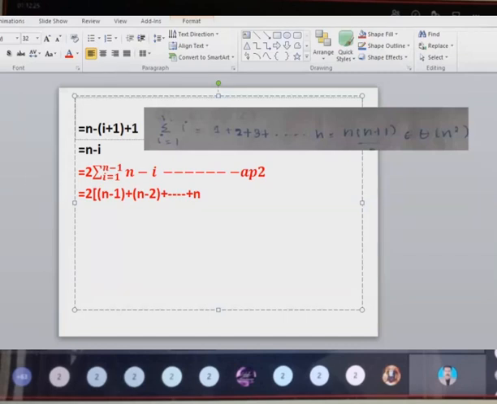Next line. Now, n minus within bracket n minus 1. n minus 1. Good. n minus 1. Okay. Next.